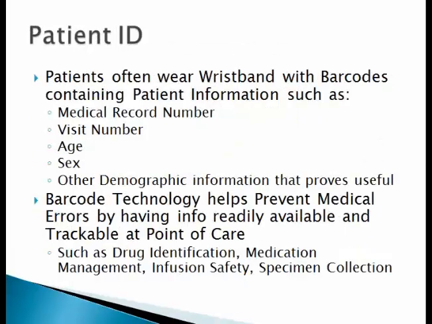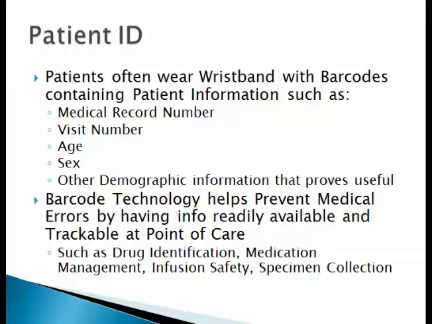As I mentioned previously, patient IDs, such as wristbands, often contain barcodes, and it's an easy way to collect and track the patient's demographic information. Patients often wear wristbands with barcodes containing information such as their medical record number, their visit number or account number, their age, their sex, and other demographic information that has proven useful, depending on the facility.